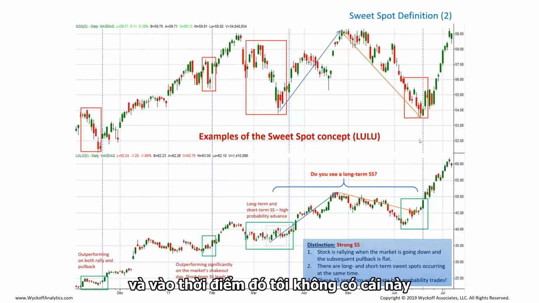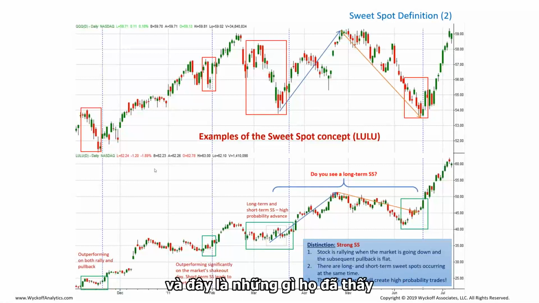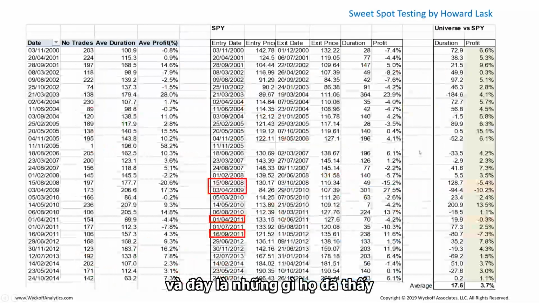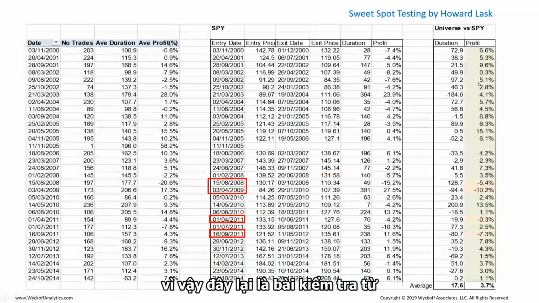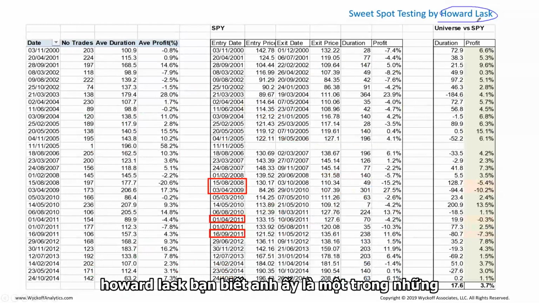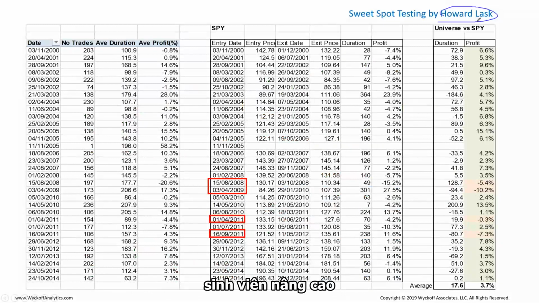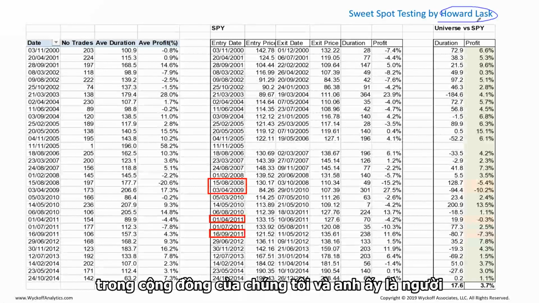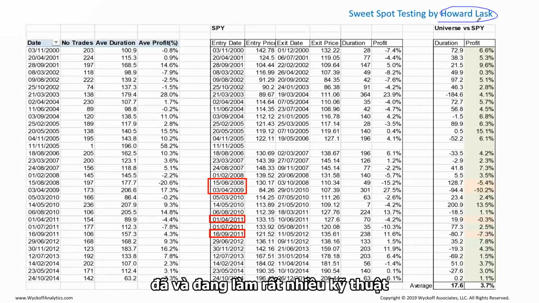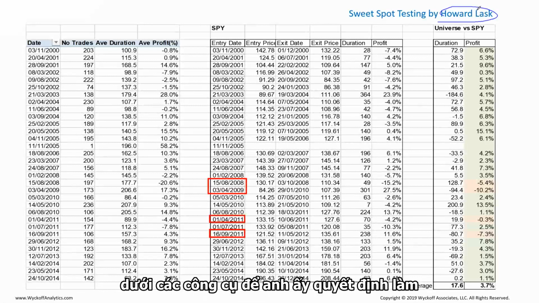And at the time, I didn't have this opportunity, but then some of them developed those type of tests, and this is what they've seen. So this is, again, the test from Howard Lask. He is one of our advanced students in our community, and he is the one who has been doing a lot of technical stuff, supporting all of those tables under the tools.